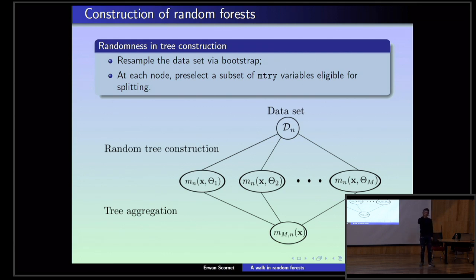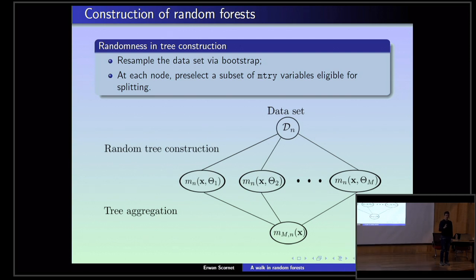So from one dataset, you build many different datasets, and on each one you build a tree. This would be really simple, but the procedure is a little more complex. In each cell of the tree, instead of choosing the best split in each direction, in each variable, and in each position, you randomly select a small number of variables and optimize the split only along these variables.